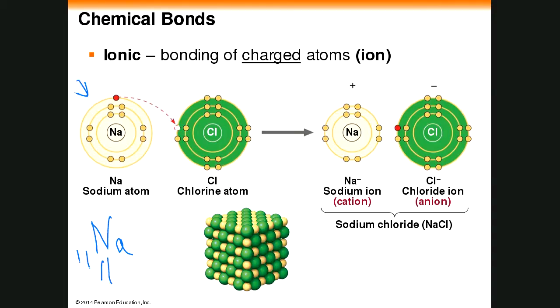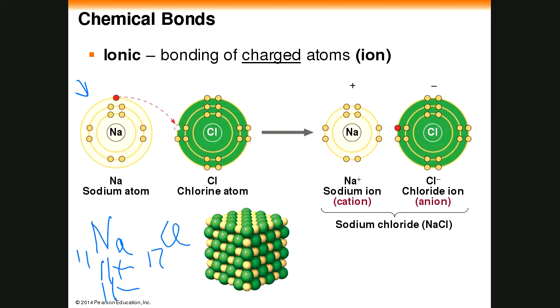So 2 and 8 is 10. It's got 11, so you have to add one more shell, and it's got 1 electron. So sodium in the situation that you see in the picture on the left has 11 protons, 11 electrons, and so 11 positives and 11 negatives, it's what we call neutrally charged, right? It has no charge. So it's not an ion.